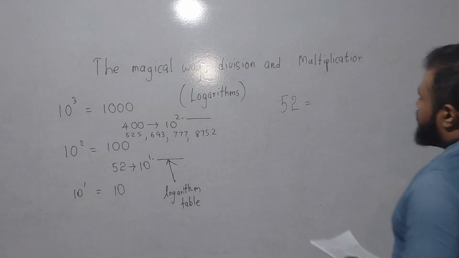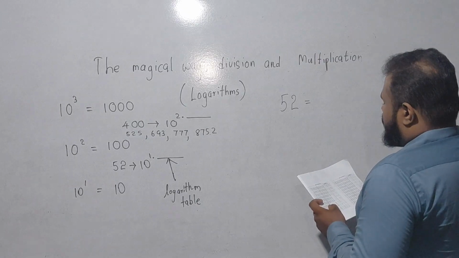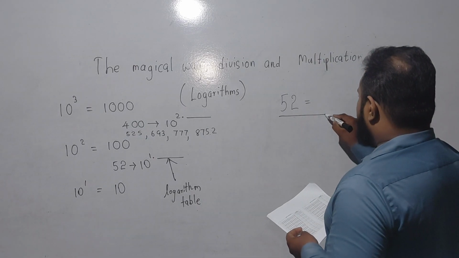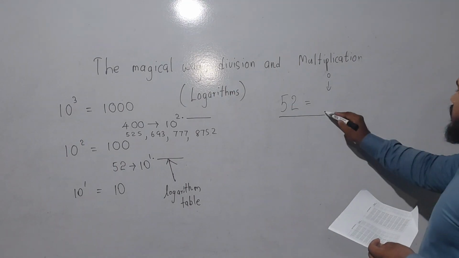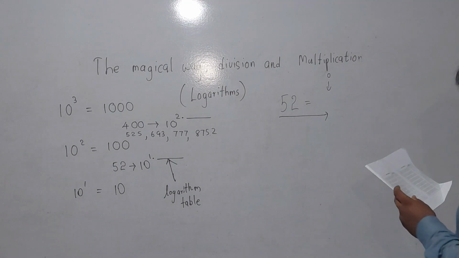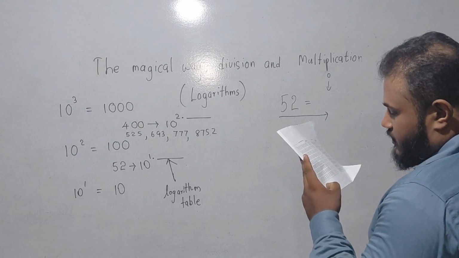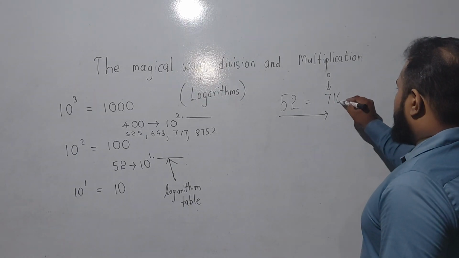We have to use the log table. How to find 52's log value? We have to go to 52's 0. In this log table, 52's 0 gives us 7160.